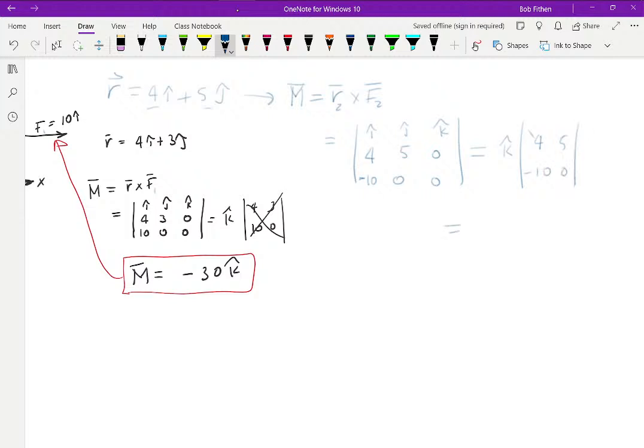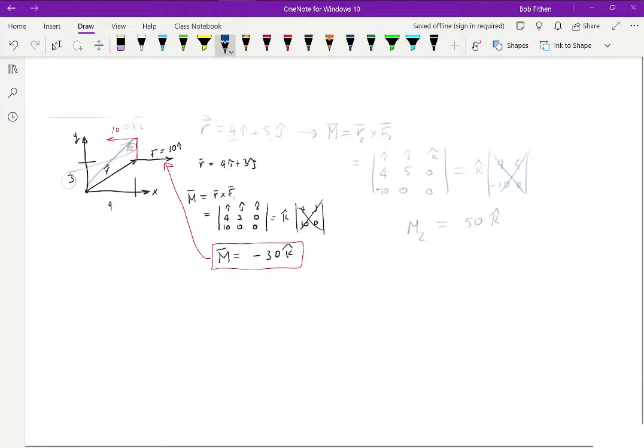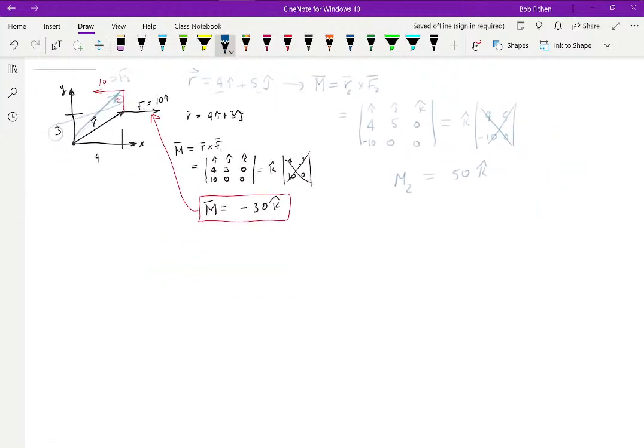And that's going to be plus and minus, but minus and plus go together. Gives you a 50k. And that's for the moment of 2. If we're looking for the moment of both of those, the moment total is equal to this one, minus 30k, plus this one, 50k, which equals 20k.